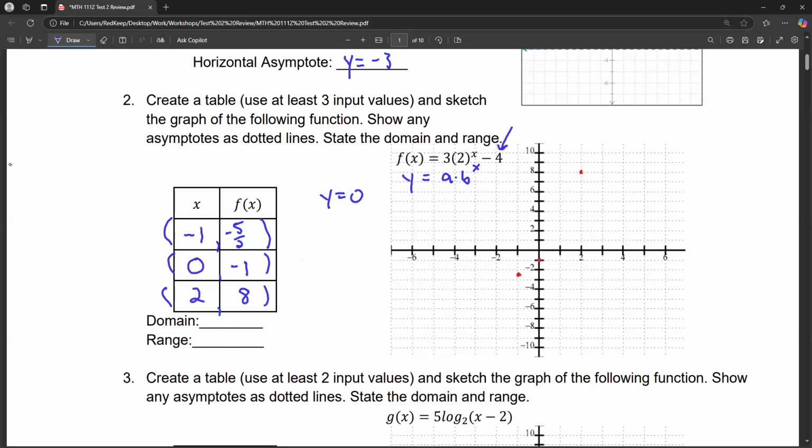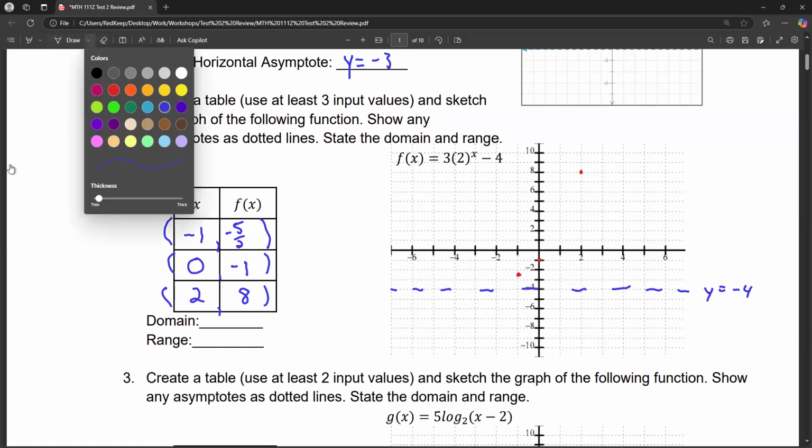And before I start connecting these dots that we've plotted, I'm going to go ahead and draw that horizontal asymptote at y equaling -4. I'll do my best to do this quickly. Right, something like this. And I might even specify y equaling -4. Okay, so let me get rid of this work we drew over our graph and get back to that color I was using to plot this.